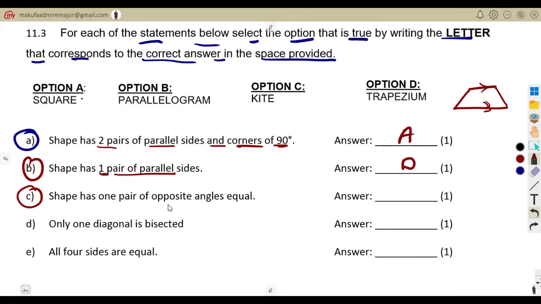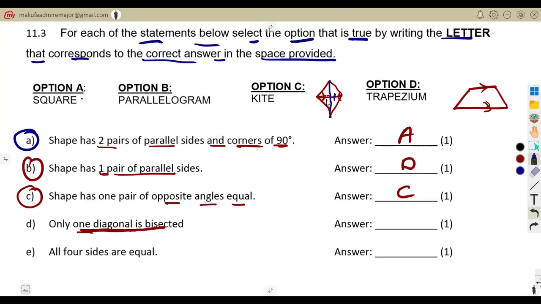A shape has one pair of opposite angles equal. That's a kite. It only has one pair of opposite angles equal. So you consider a kite there. Only one diagonal is bisected. It's also a kite. Remember, this diagonal is being bisected by the major one.